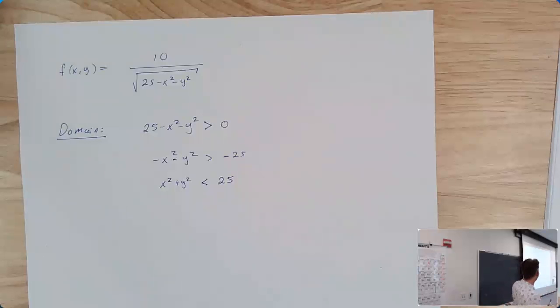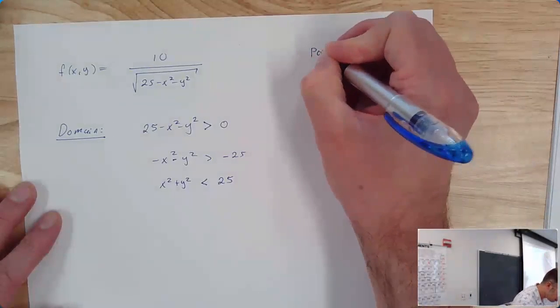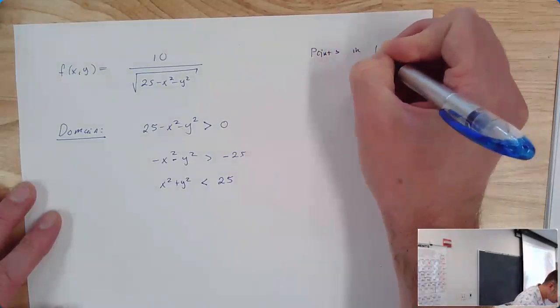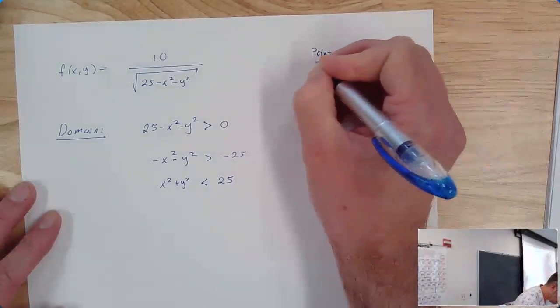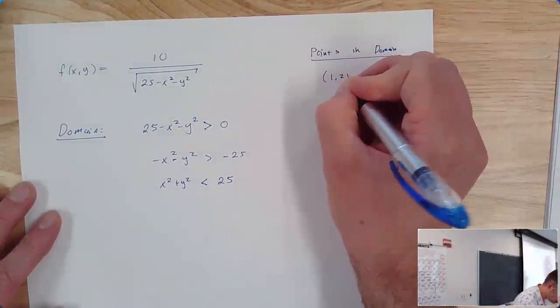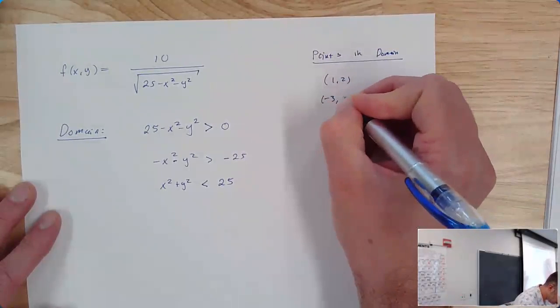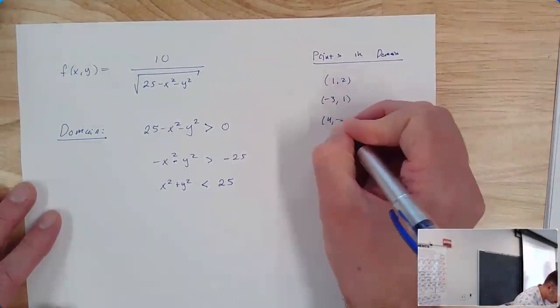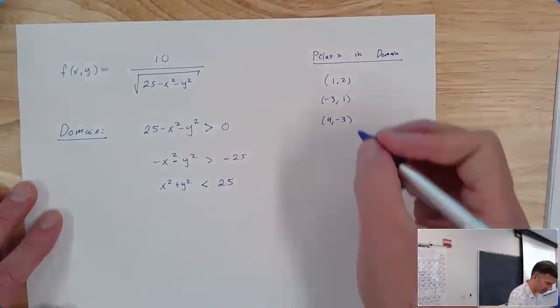Without the graph, it's not very meaningful. Sure, I can think of some values of x and y that make that work. Here are some points in my domain, just off the top of my head: 1, 2; negative 3, 1; 4, negative 3. Oh, nope, that's not in there. That's too big.